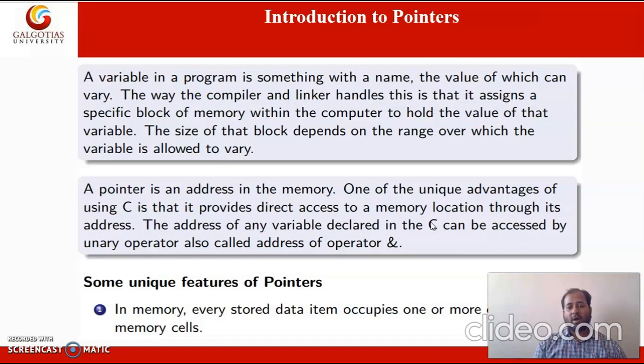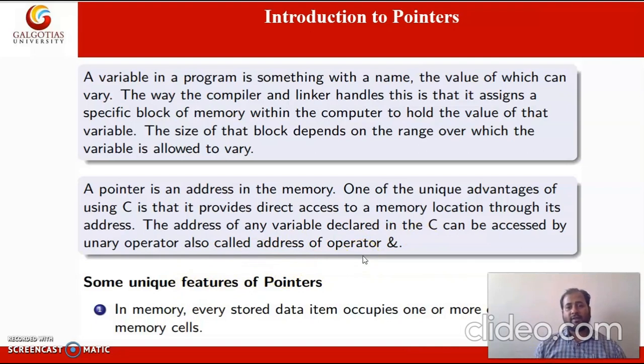How many blocks of memory will be allocated to a variable depends on the data type of the variable. We can access the address of a variable using the ampersand operator, which is also called the address of operator.